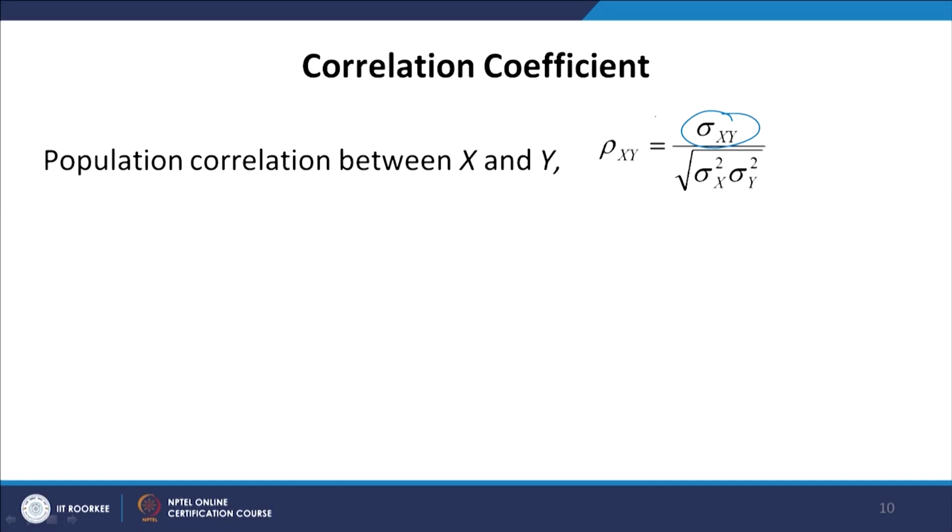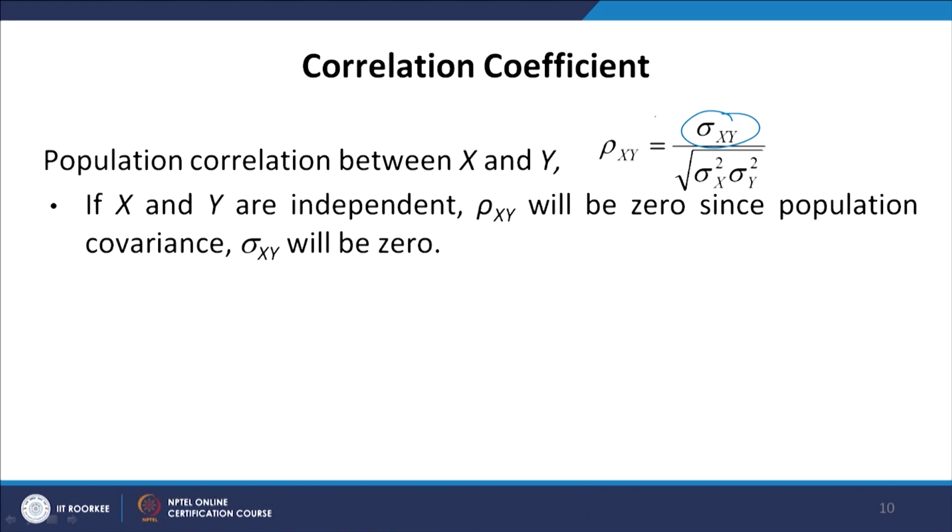In the population, it is measured as covariance between x and y, remember, sigma x y refers to the covariance between x and y, divided by root over sigma x square sigma y square. So, in the denominator we have variance of x multiplied by variance of y, and then the root is taken. It can alternatively be replaced with standard deviation of x and standard deviation of y. So, this is the correlation between x and y in the population.